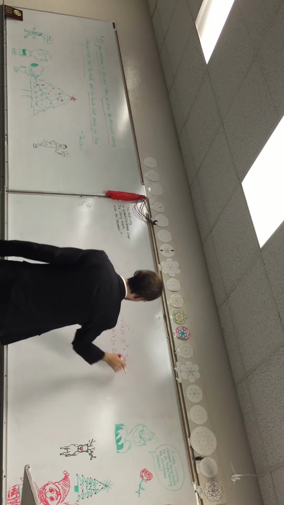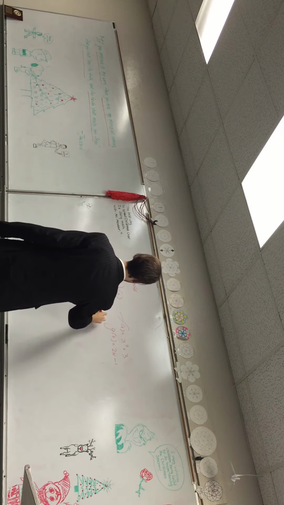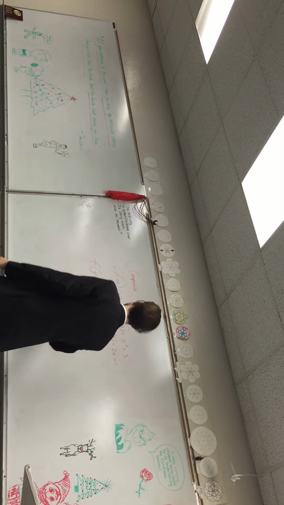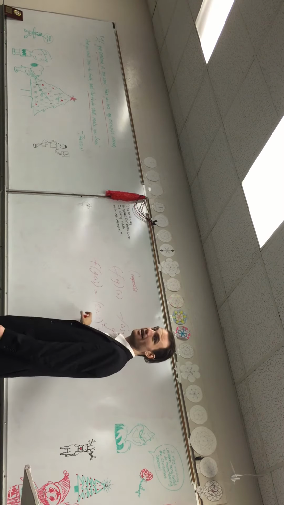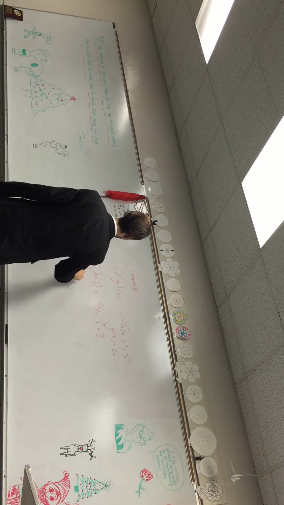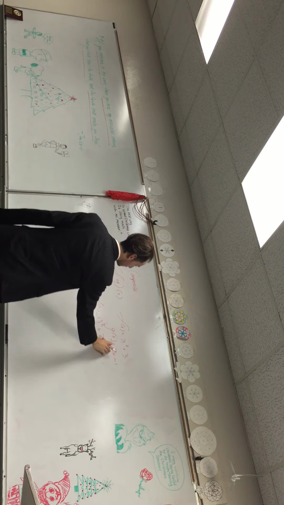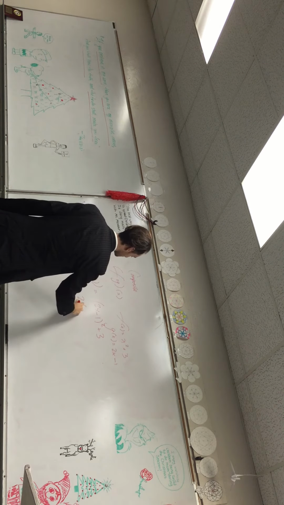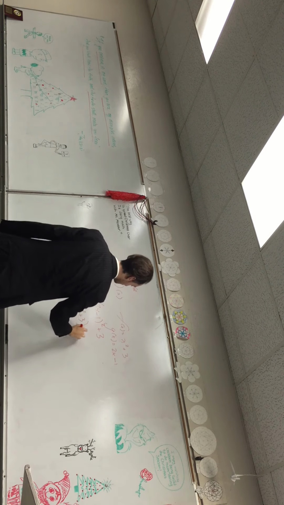So instead of x squared plus 3, I have 2x minus 1 squared plus 3, right? And then I simplify that. If I have g of f of x, everywhere I see an x here, I just plug in x squared plus 3, right?